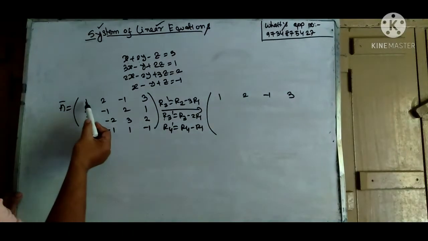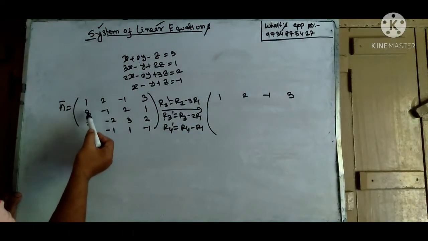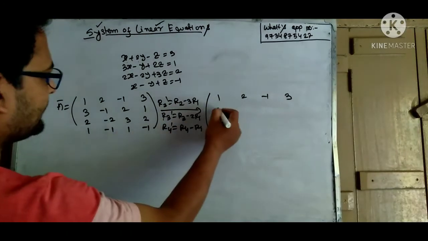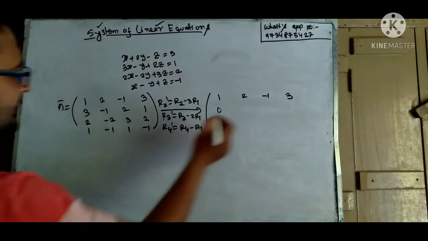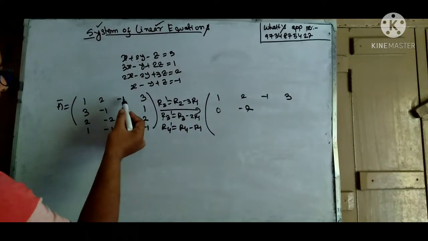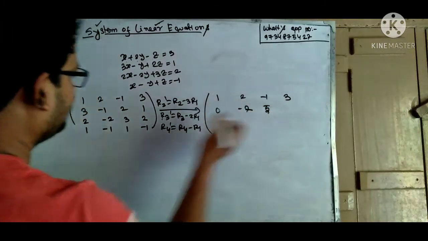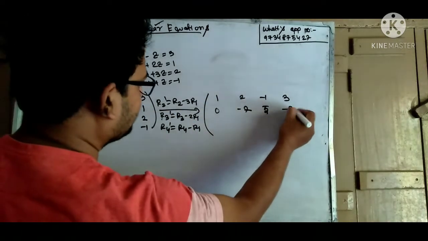Second row, what happened? If we multiply this by 3 and subtract from this, this will be 0. 3 subtract minus 7, 3 subtract 5, 3 subtract minus 8.